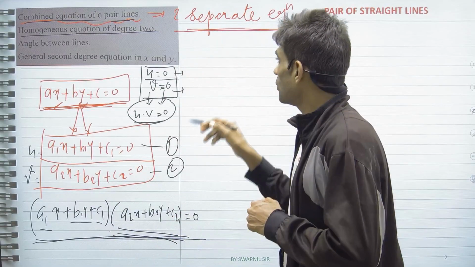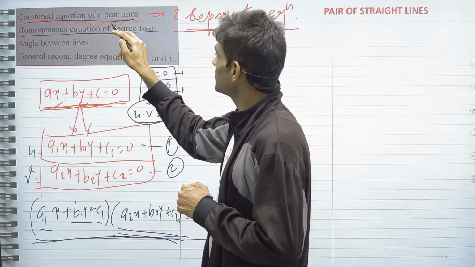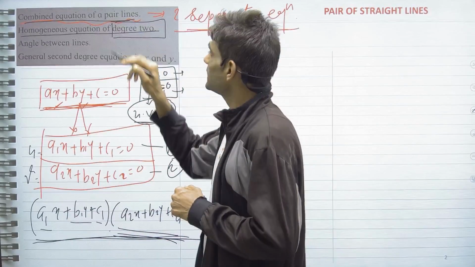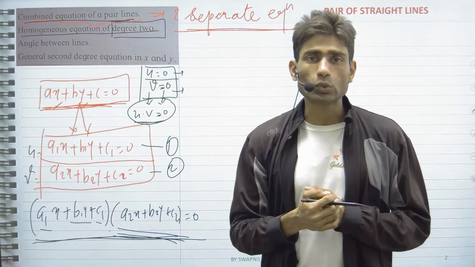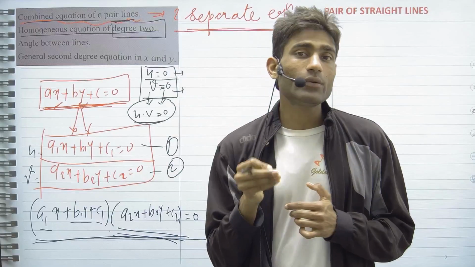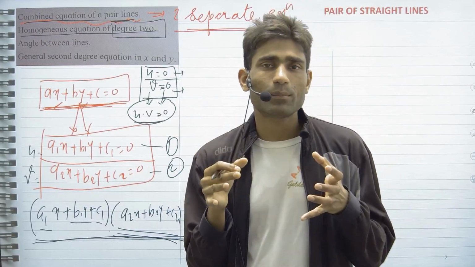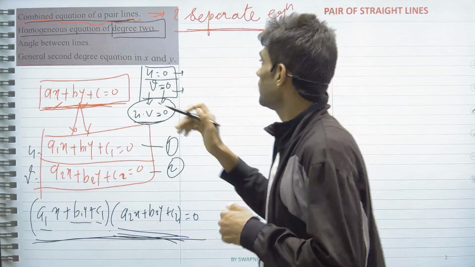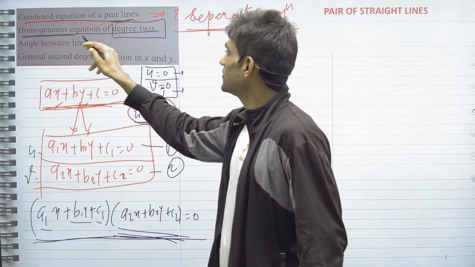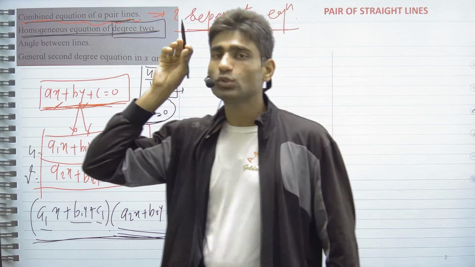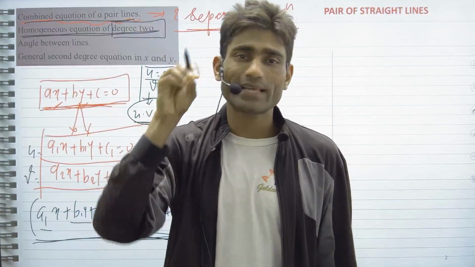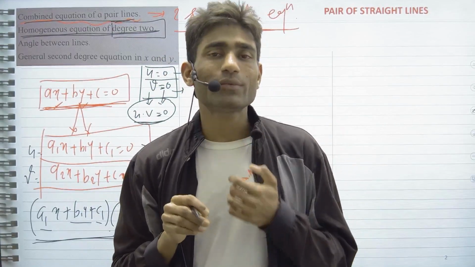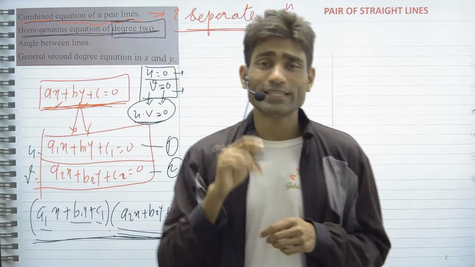It means an equation whose degree is 2, but the degree counted for all variables needs to be the same everywhere in our equation. Then we consider it a homogeneous equation of degree 2.